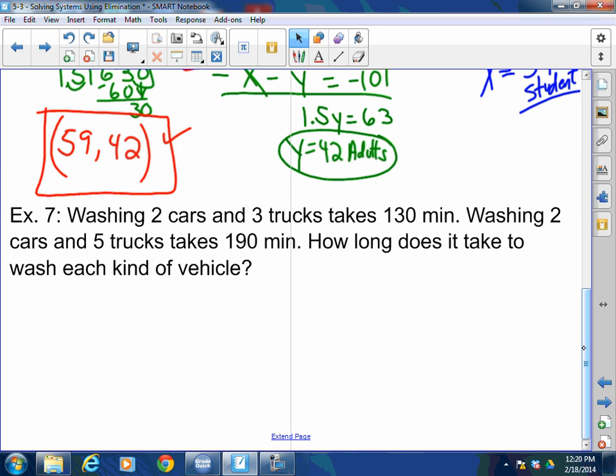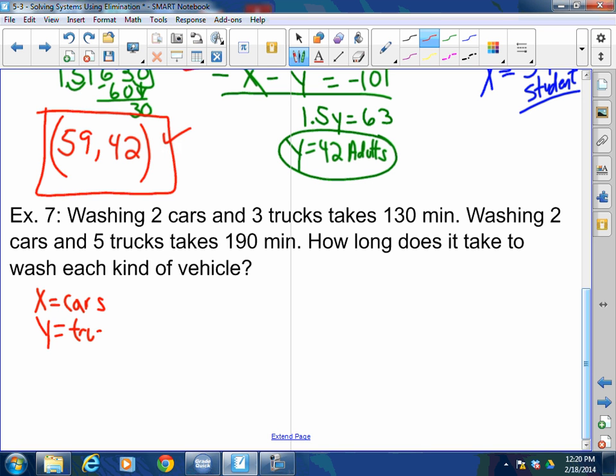Washing 2 cars and 5 trucks takes 190 minutes. How long does it take to wash each kind of vehicle? Talk to me. You started before I did. Good, good, good. Label, label, label. x you want as cars. Yes, sir. And then y I would imagine you want as trucks. Very good. Thank you, gentlemen.